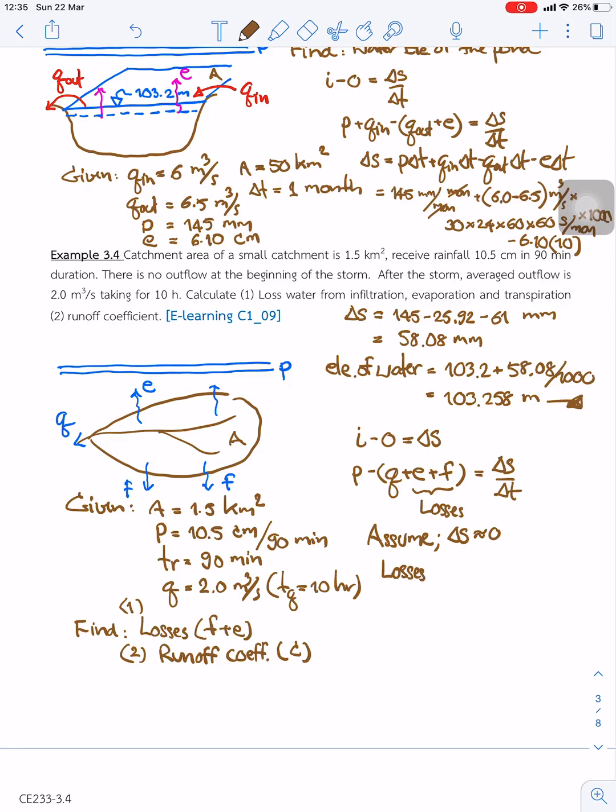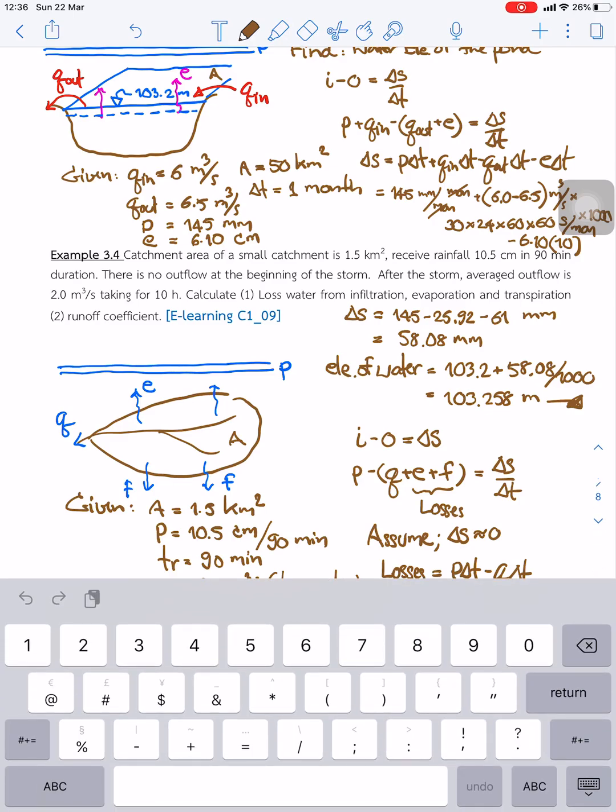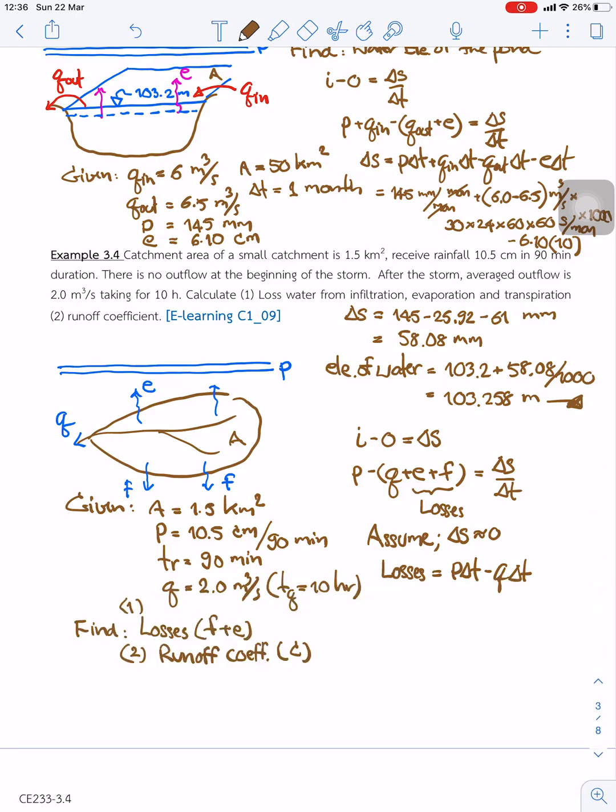Loss equals P delta T subtract Q delta T, but we have to be aware that the delta T is not the same, because for Q it is 10 hours, but for rainfall it is different. So the time scale is different for the rainfall and the runoff.